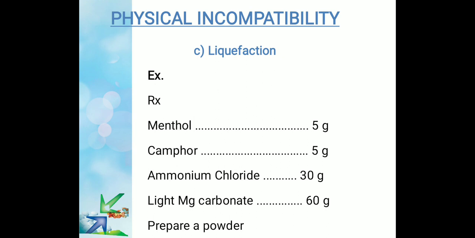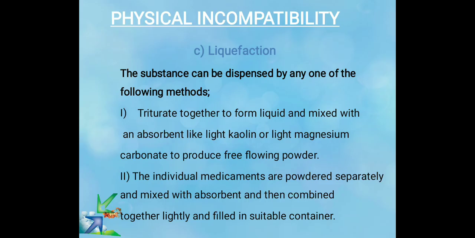Now what could be the remedy for such preparations? So here the substance can be dispensed by either method. Triturate together all the ingredients so as to form a liquid and then mix with an absorbent substance like light kaolin or light magnesium carbonate so that it will result in formation of a free flowing powder.